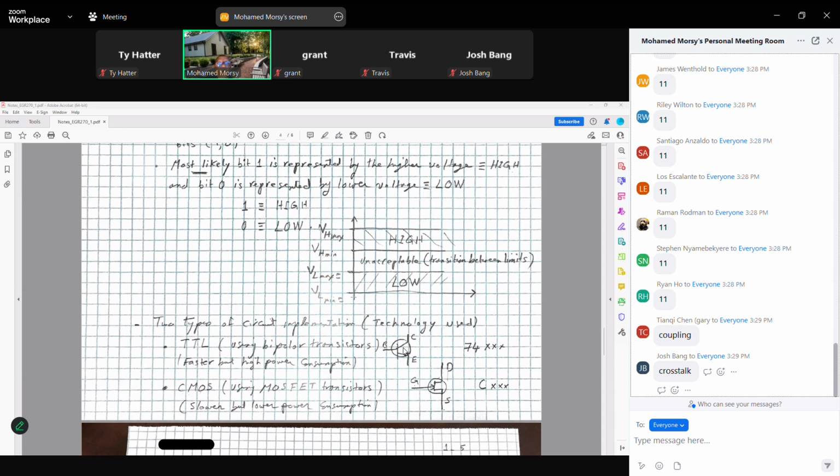Logic high may go from 5 to 18. So we have ranges: low between V low minimum and V low maximum, and high between V high minimum and V high maximum.